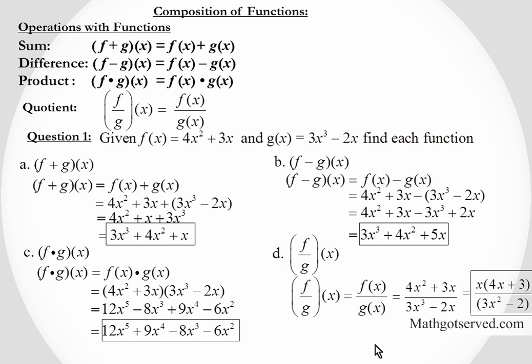But we have a constraint on the domain, which is that the denominator cannot be 0. So if I solve for x by adding 2, dividing by 3, and taking the square root of both sides, I'll have x cannot be the square root of 2 over 3. If it is, you have a 0 in the denominator, which is an undefined output.